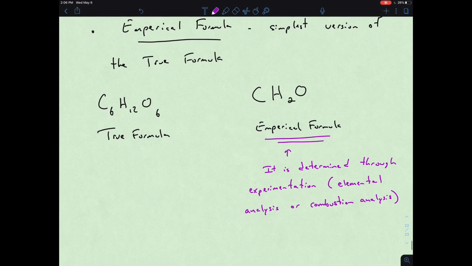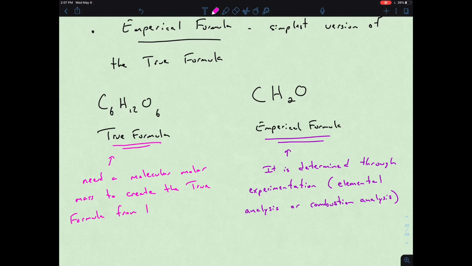For the true formula, we need something more. We basically need a molar mass to create the true formula from the empirical.